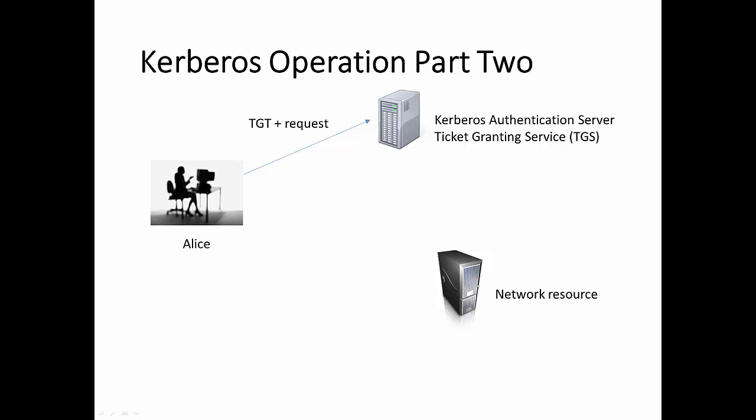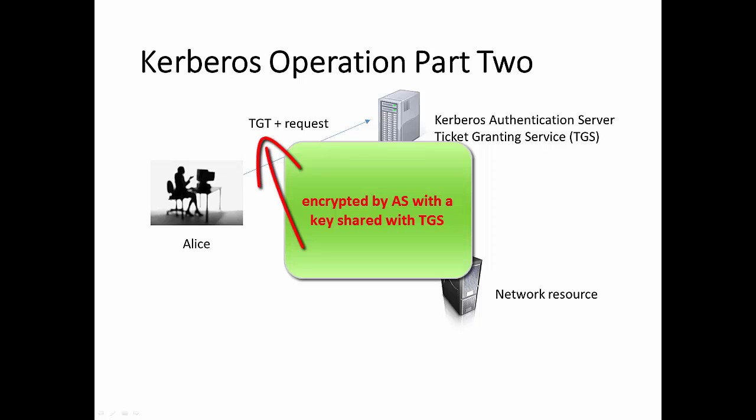Now note that the ticket granting ticket was actually encrypted by the authentication service of the Kerberos authentication server, which used a secret symmetric key to encrypt it, and that secret symmetric encryption key was also shared with the ticket granting service element of the Kerberos authentication server.